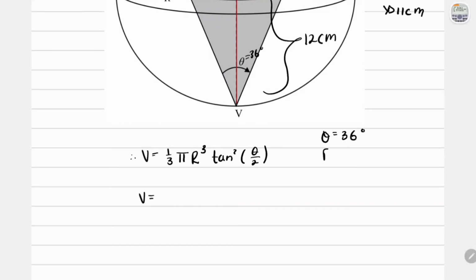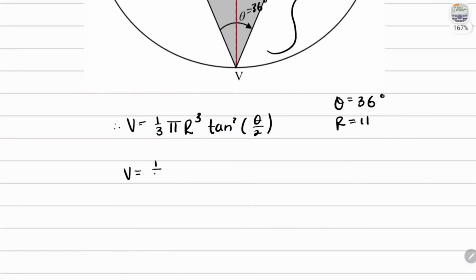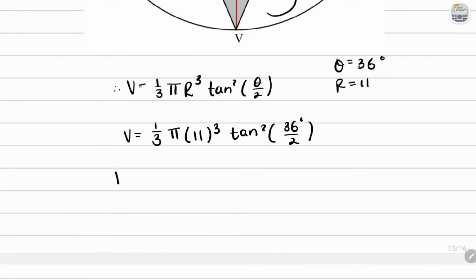So in place of r, we're going to put 11. Our answer is just going to be 1 over 3 pi, in place of r cubed we'll say 11 all cubed, and then multiply by tan squared of 36 degrees over 2. Let's see what that gives us on our calculator.